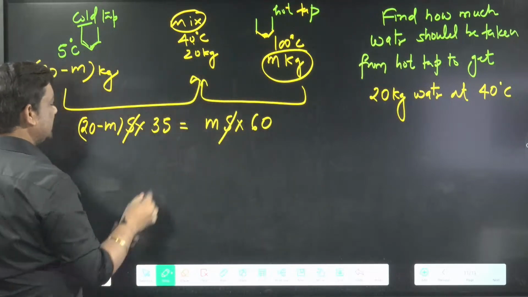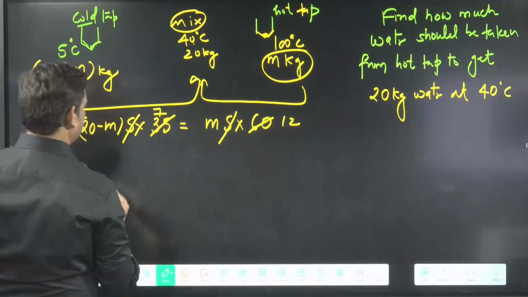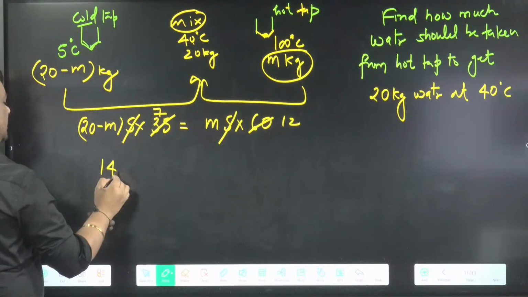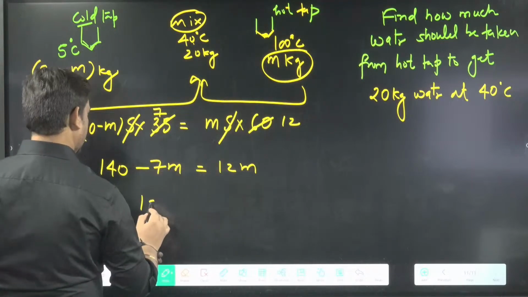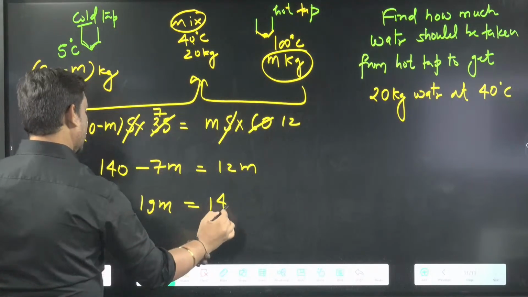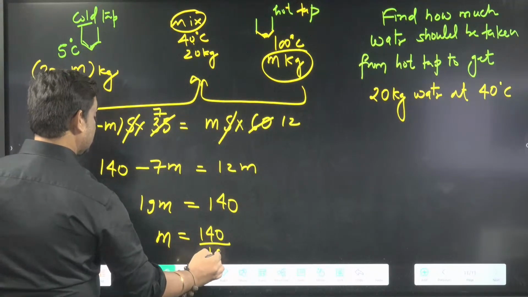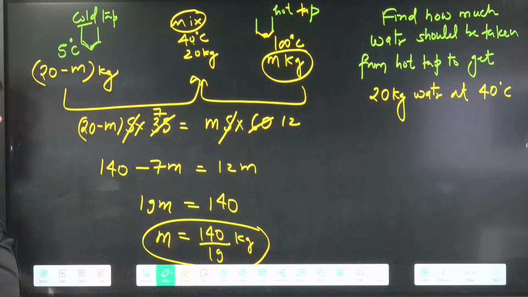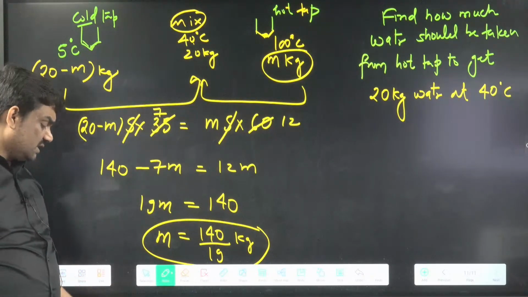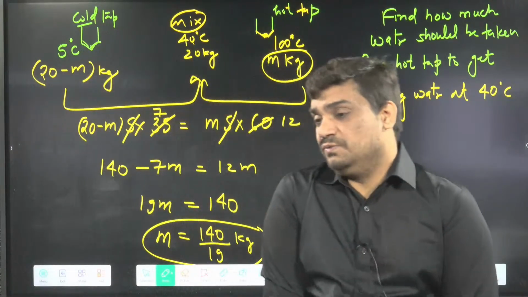Using 5, this will be 7, and here this will be 12. So we can say 140 minus 7m equals 12m. So 19m equals 140. So m becomes 140 by 19 kg. You can take roughly 20, so it becomes almost 7 kg of water we need from the hot tap.